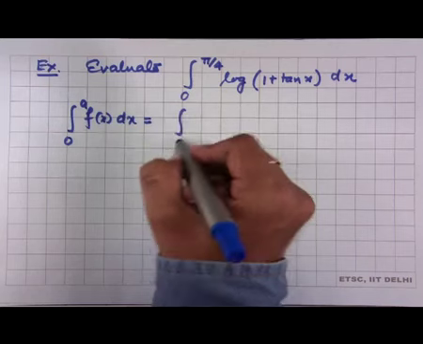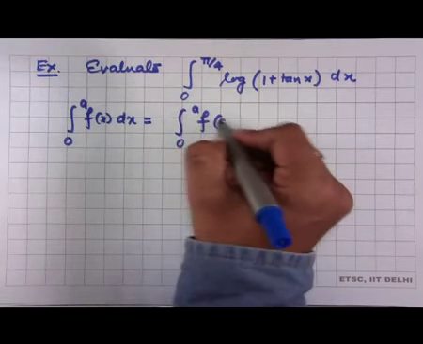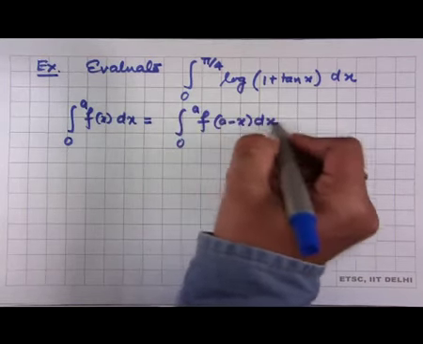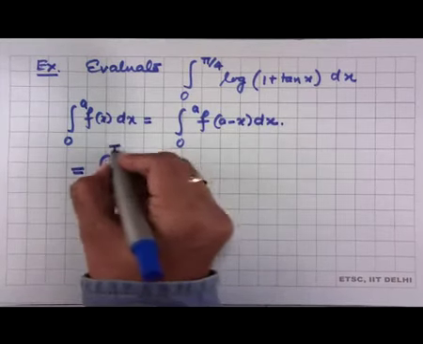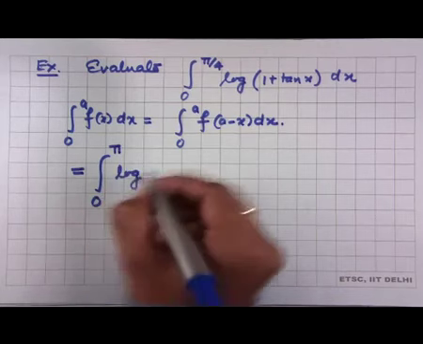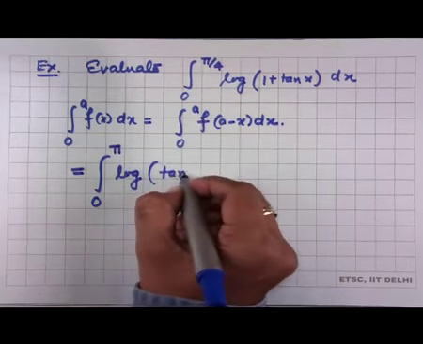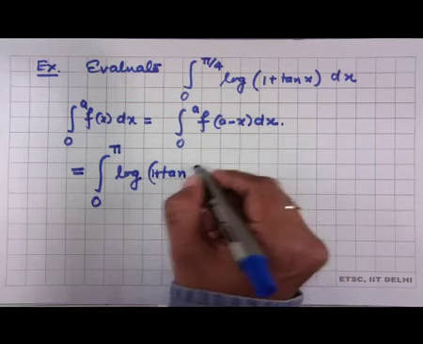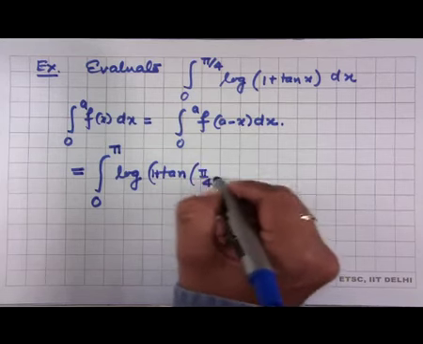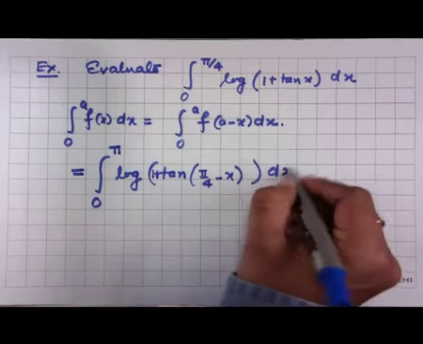This will be, so this is equal to log of 1 plus tan of pi by 4 minus x dx.